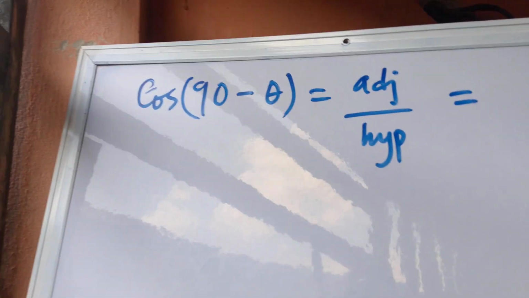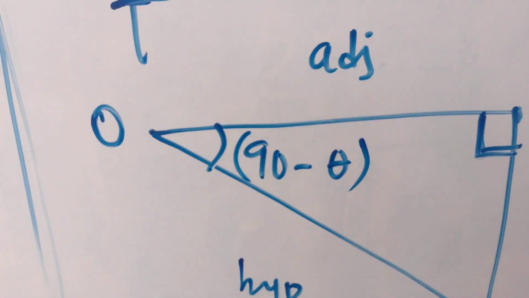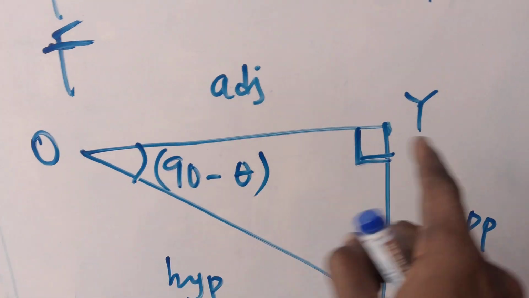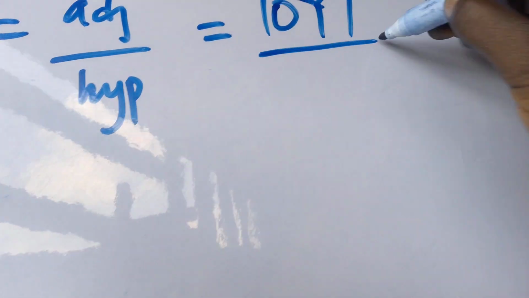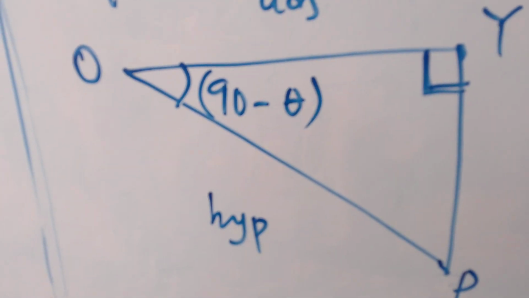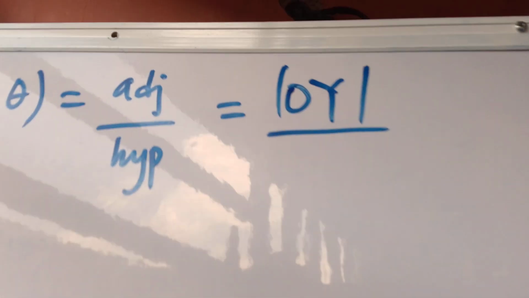Remember this is the angle. The adjacent side there is distance OY, and the hypotenuse side is distance OP.